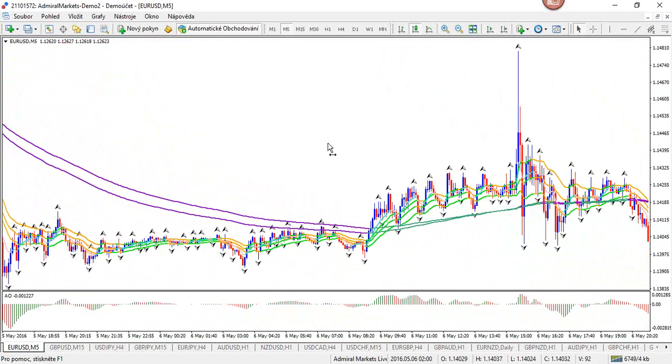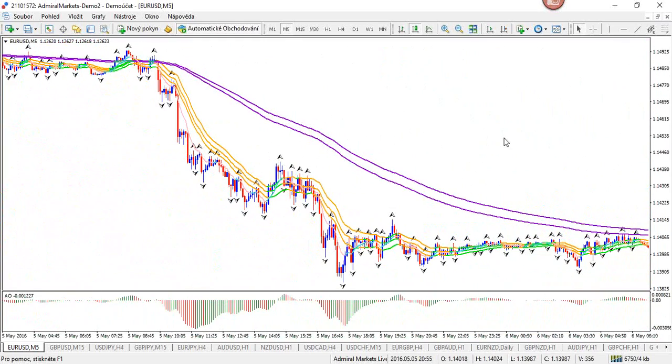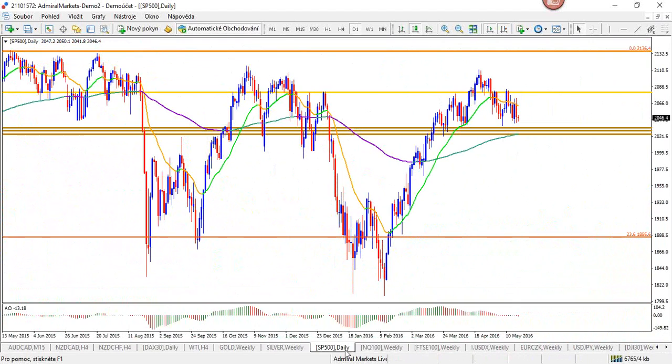All right, so let's see. S&P 500 and ASX 200. Let's take a look. S&P 500.